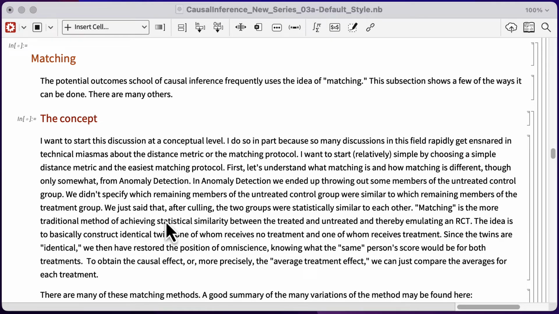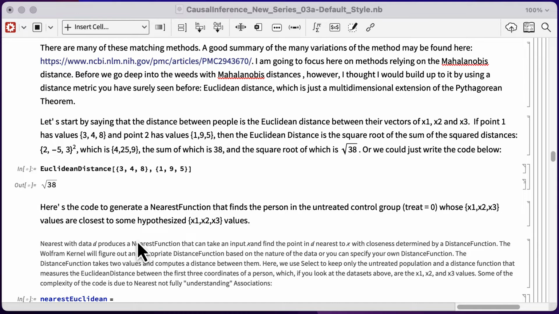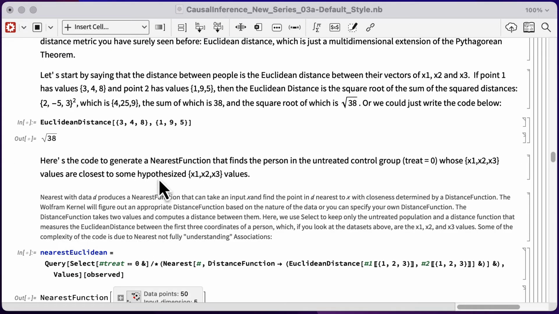So how do we do matching? There are a lot of methods that use matching. A lot of them rely on something called the Mahalanobis distance, which is a very interesting distance metric. But before I get there, let me do something simpler, which is looking at the Euclidean distance. You've seen the Euclidean distance before.